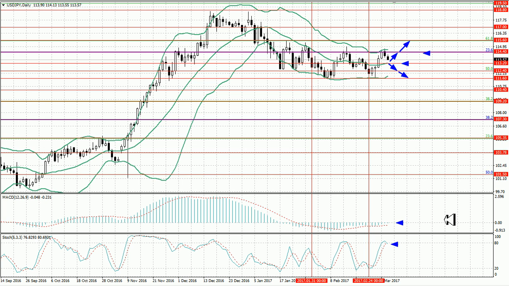Now, open short positions below 113.20 with the target at 112.40 and 111.60. In case of the rebound out of the level of 113.20, open long positions with targets at 114.40 and 115.60.